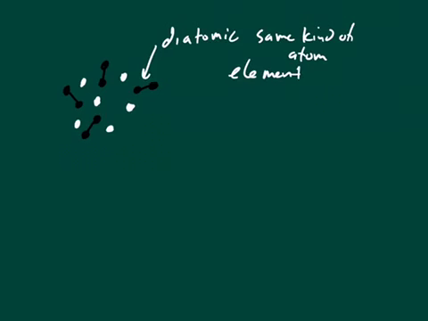This particular element is diatomic, like oxygen or nitrogen or hydrogen. Those are diatomic elements. So these are the diatomic elements. And hydrogen. Those are our 7 diatomic elements.